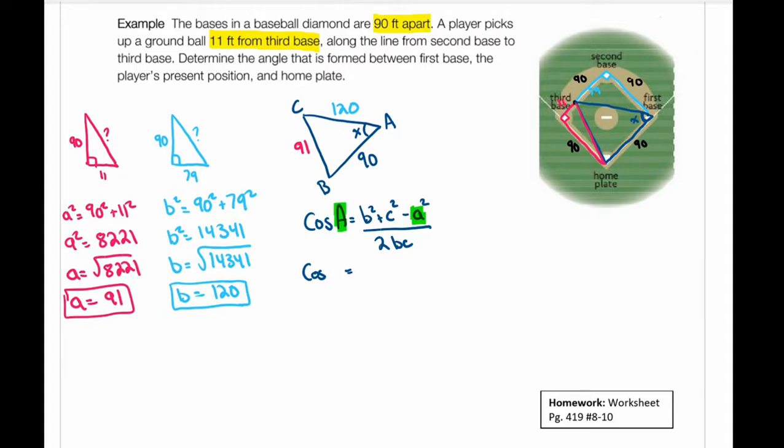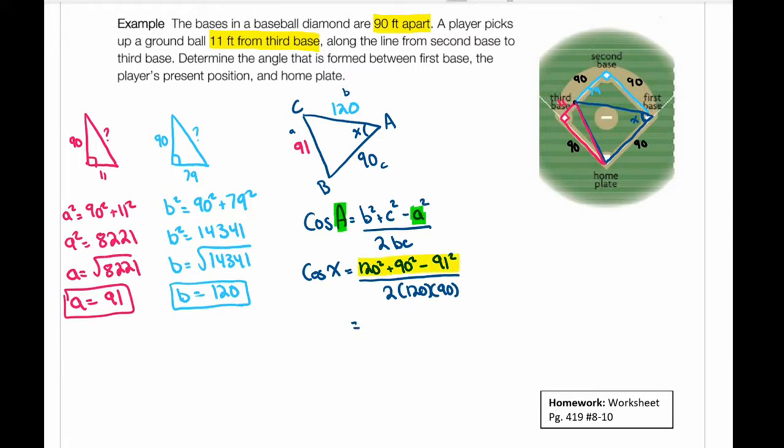So cosine of x, our unknown, is equal to b squared, which based off of my triangle and my labeling is 120, plus c squared, which is 90 squared, minus a squared, which is 91, so minus 91 squared, all divided by 2 times 120 times 90. Again, I'm going to simplify the top first.